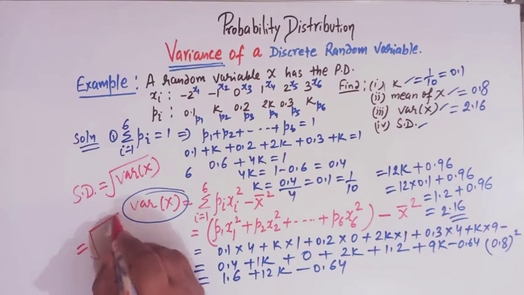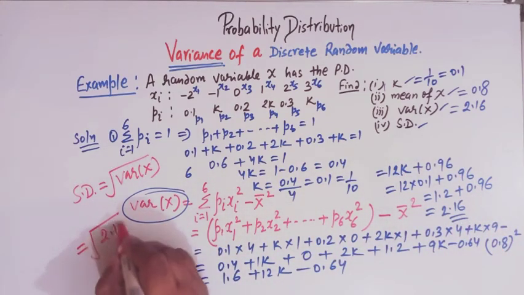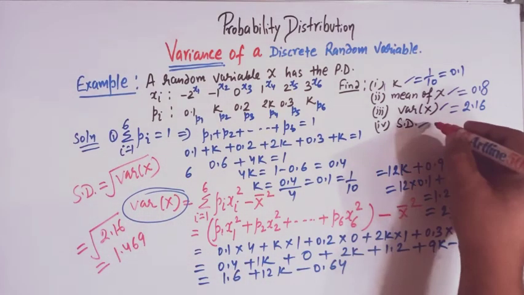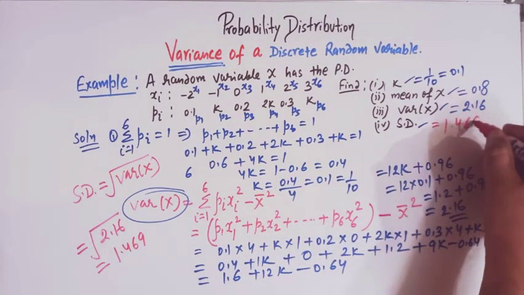And the variance of x is 2.16 here, so the square root of 2.16 is equal to 1.469, right? So the standard deviation is 1.469, right?